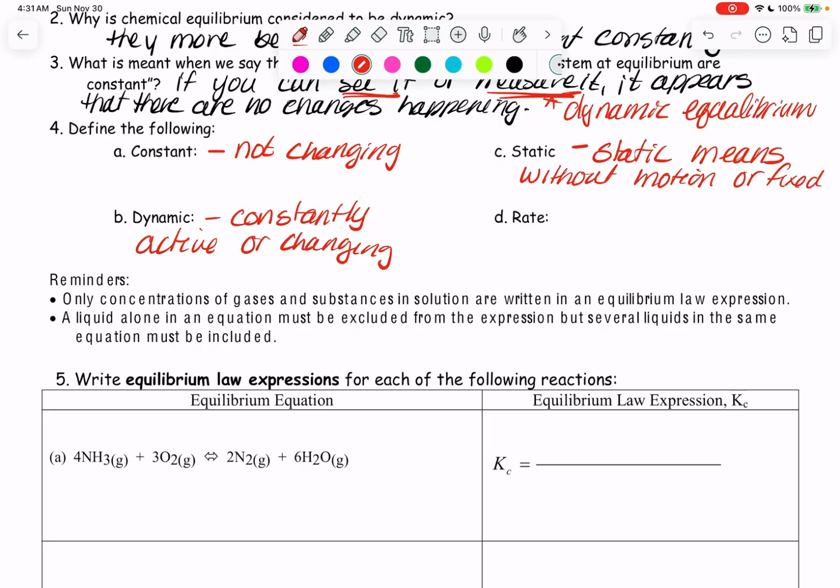And the rate is the speed of change. So it's a ratio involving time.